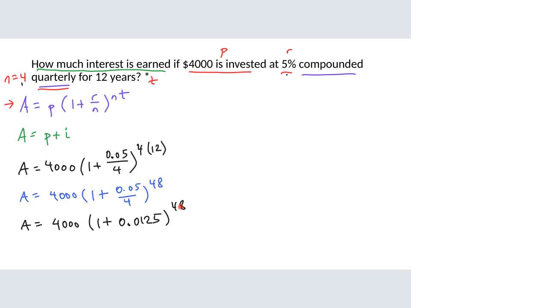I still have work to do inside those parentheses though, so we'll add those two together, and that's 1 plus 0.0125, which is 1.0125. That's going to get raised to the 48th power. When we do that, we get 1.8153.